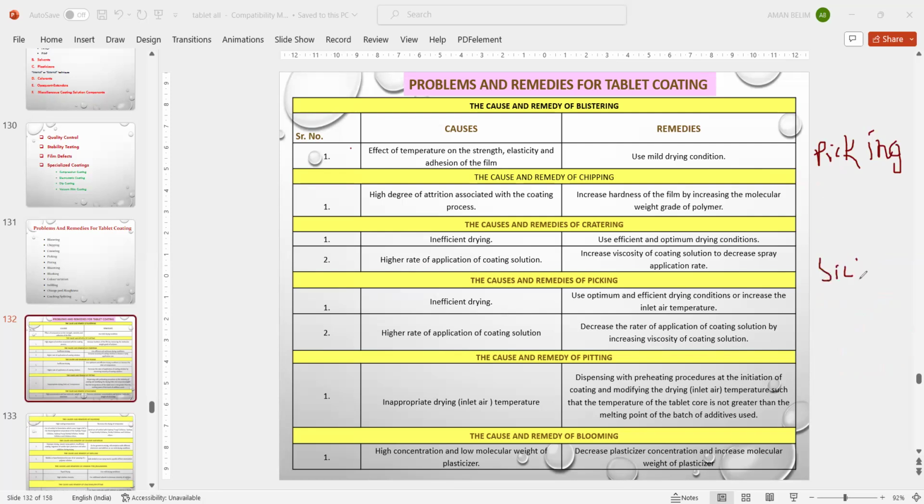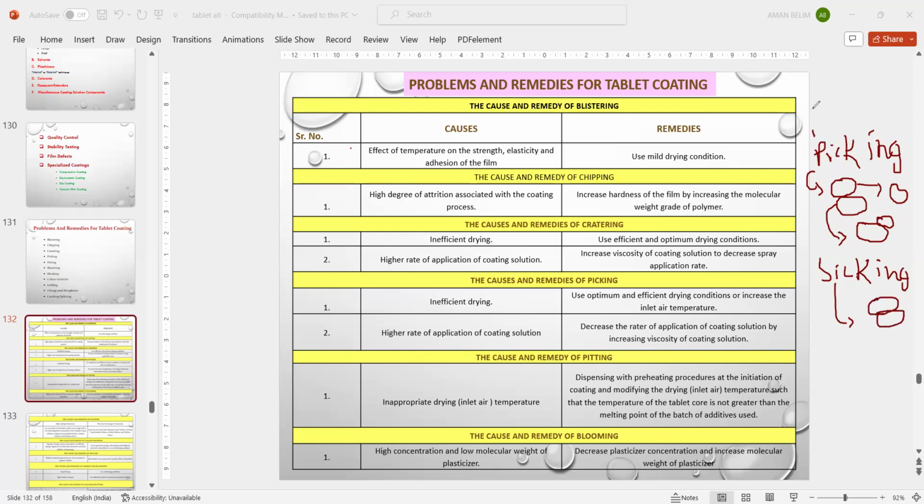Picking is when two tablets stick to each other, and when they detach, one tablet picks up mass from the other tablet. That tablet becomes defective and its surface gets exposed. Sticking is simply that two tablets stick to each other.